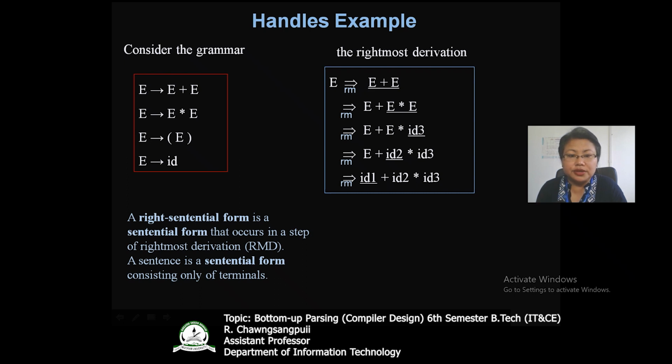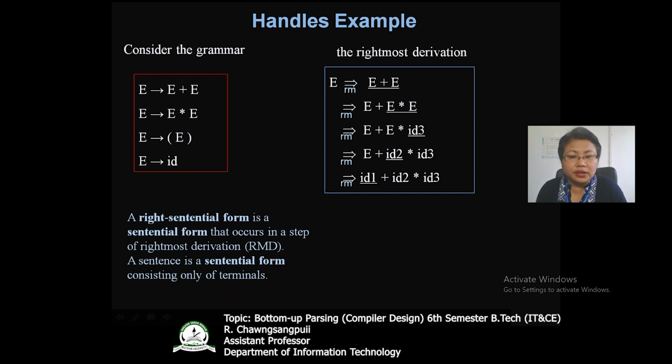Now in the rightmost derivation, E derives E plus E, substituting this first rule, which can also derive E plus E into E by substituting this second rule, which is E can have the form E into E. Now all these underlined ones are the handles. So we are using this one in the first step. This E plus E is the handle, and in the second derivation step, E into E is our handle.